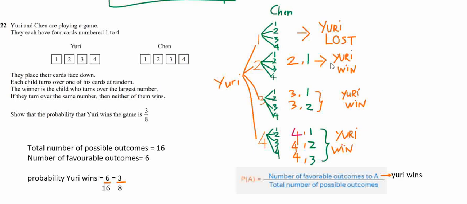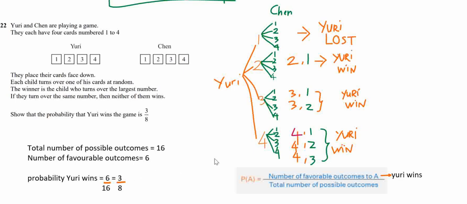So this is the favorable outcome for Yuri's win. If Yuri got 3, then 3,1 and 3,2 will make Yuri win, if Chen got 1 and 2. If Yuri got 4, then when Chen gets 1, 2, or 3, Yuri wins. So here there are 1, 2, 3, 4, 5, 6: 6 favorable outcomes when Yuri wins.